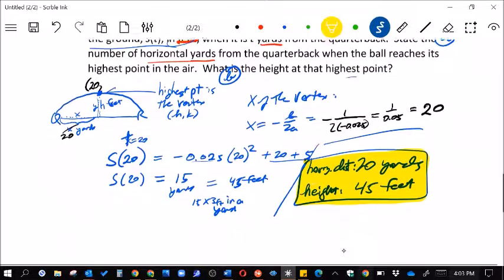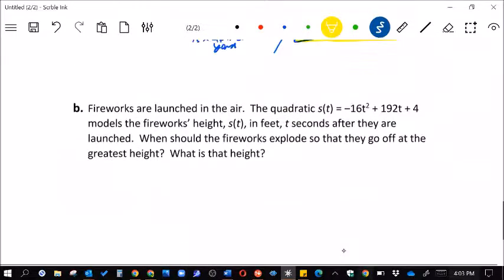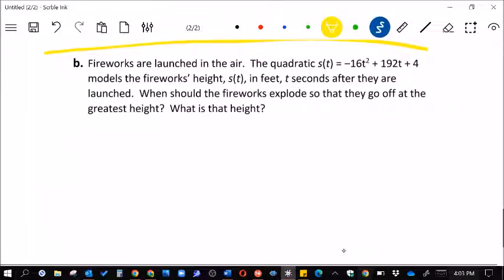Now on to another problem, a similar one underneath it, about fireworks. We have this equation: the height is negative 16 t squared plus 192 t plus 4. The concept is that fireworks are launched up, they explode, and then fall down.